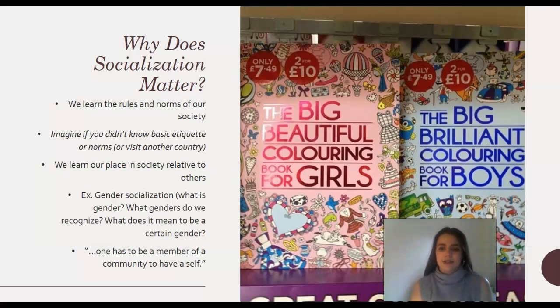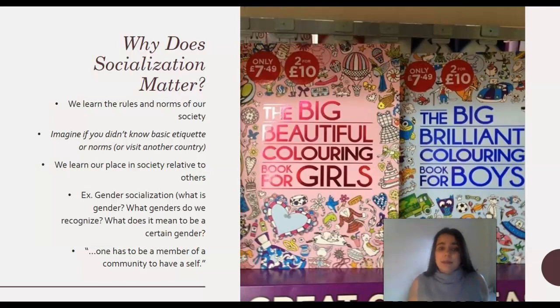As I've been saying, during socialization, we learn the rules and norms in our society. That's really important for creating a cohesive society and a sense of unity between you and other members of that society. Imagine if you didn't know the basic etiquette or norms in America, and how annoyed people would be at you all the time.